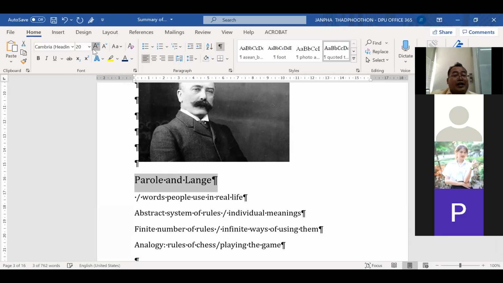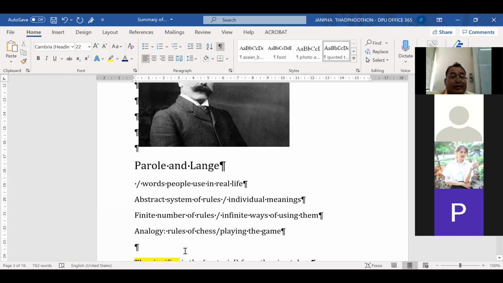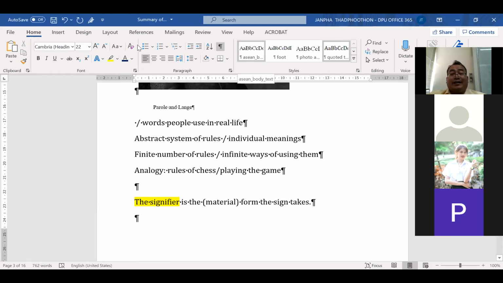So you should understand what parole is, what langue is. Langue is like grammar, the rules. Parole is the speech, or the language in use.